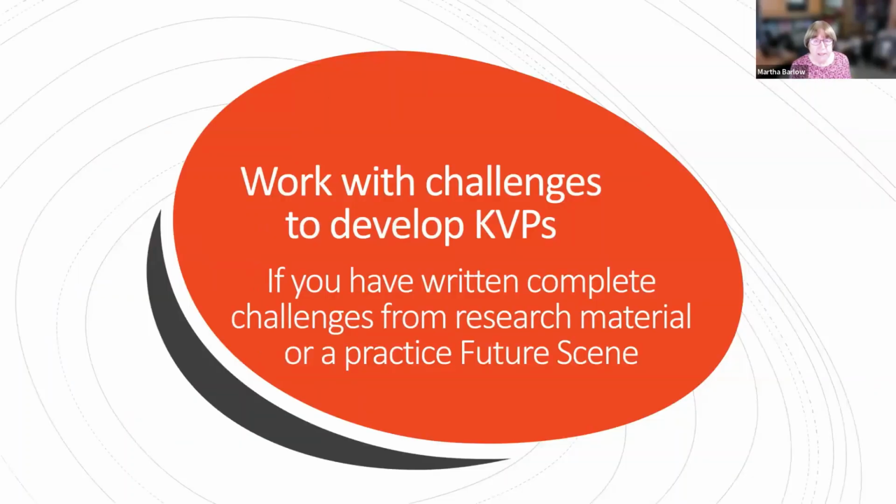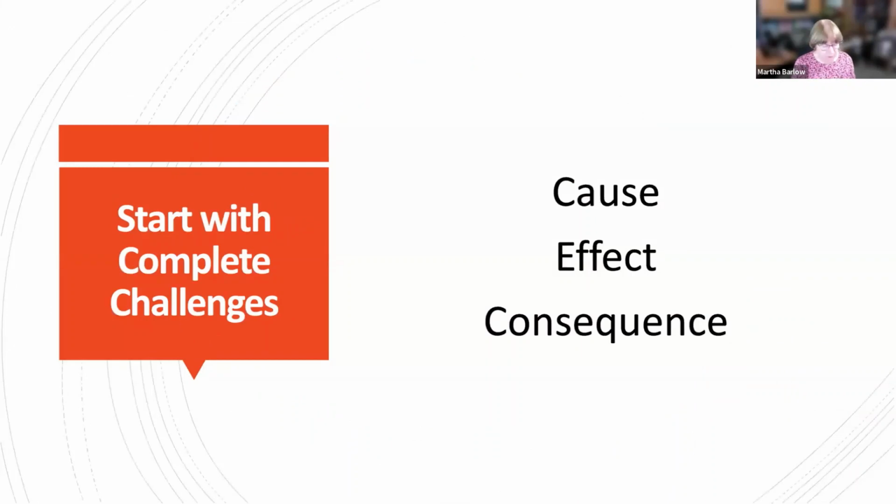Once you've collected a variety of KVPs or come up with them and kept a list and so forth, you can work with challenges to develop KVPs if you have written complete challenges from research material or if you've done them with a practice future scene.